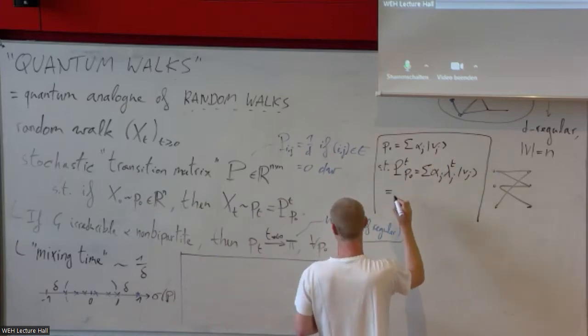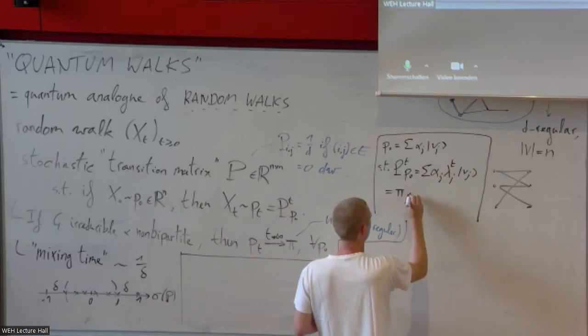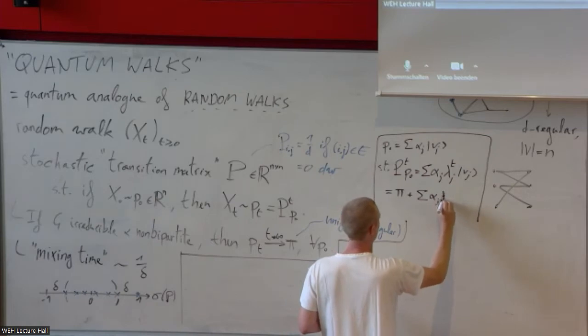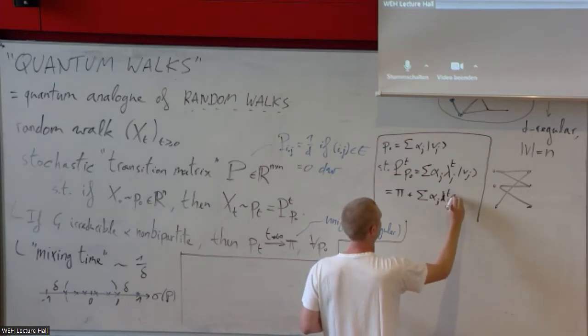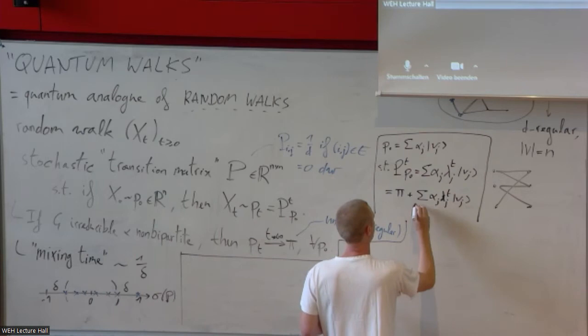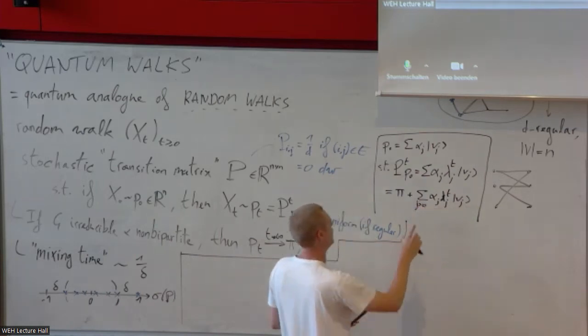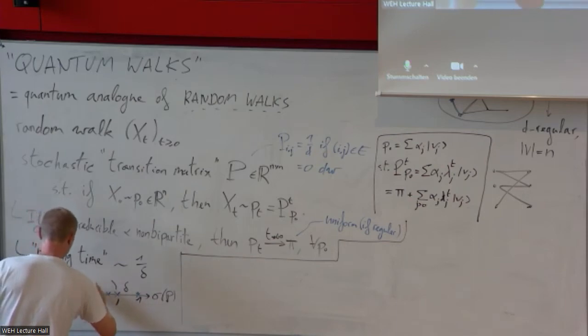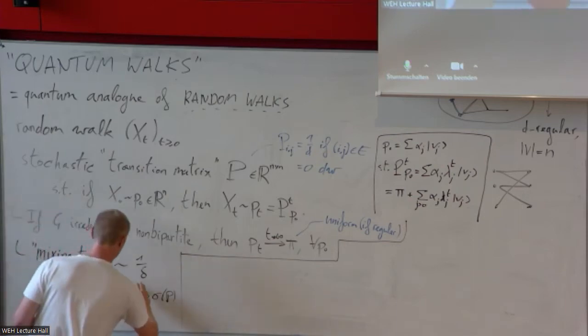So this will be equal to pi plus the sum of alpha_j lambda_j to the t v_j, for j larger than 0. And these lambda_j's are exactly these here, right? This would be lambda_j, and this would be lambda_0.